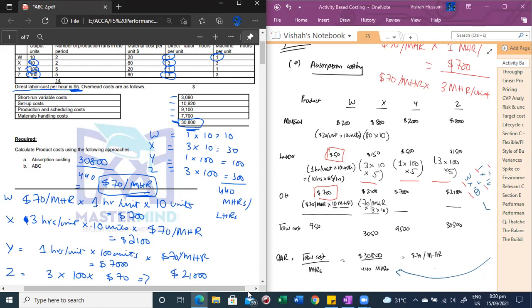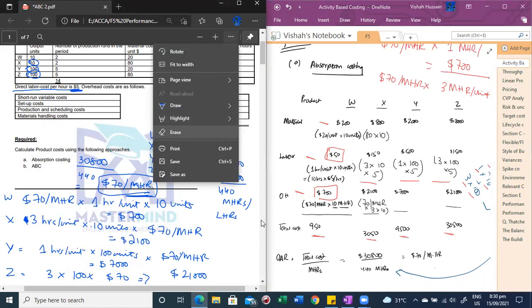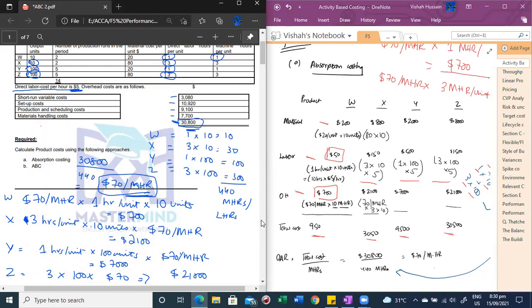But before I move towards ABC, when you add the total cost, meaning material, labor, and overheads, you're going to get 950, 3050, 9500, and 30,500. Now this is your total cost. In order to get the cost per unit, all you need to do is divide this total cost by the amount of units.